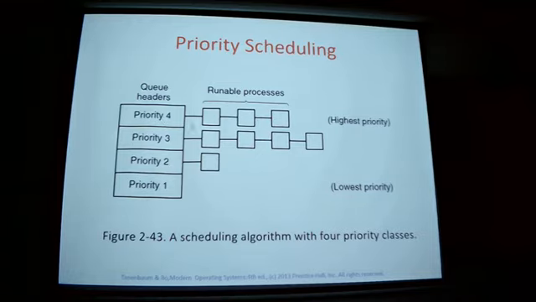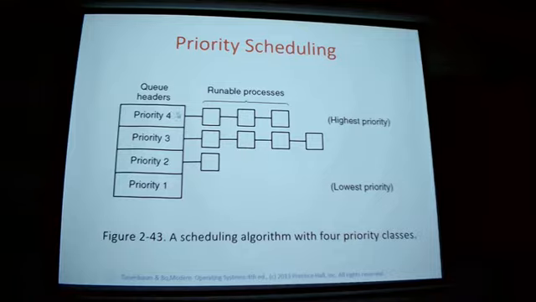So we first serve this group. When the priority 4 group has finished its three processes, then we go to the priority 3 group, then the priority 2 group.